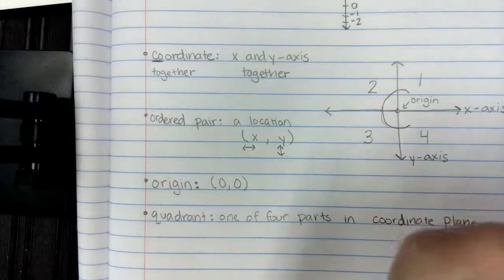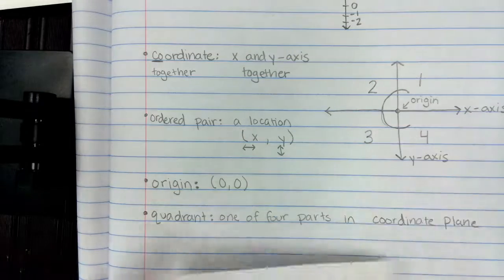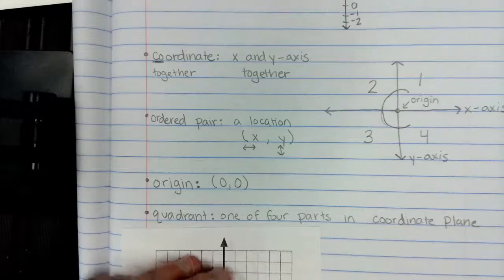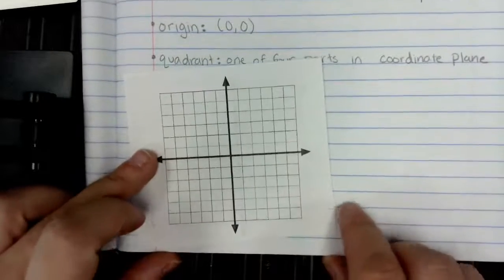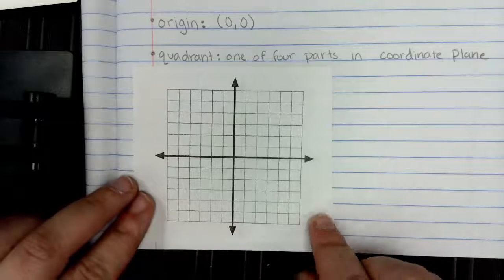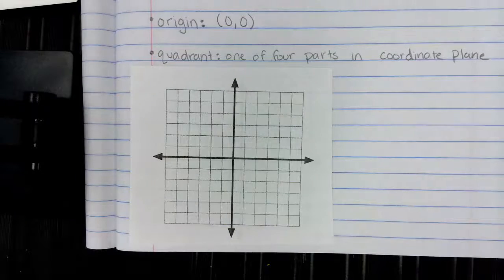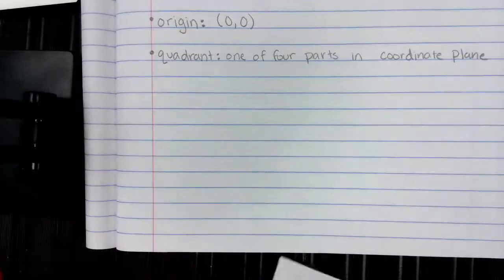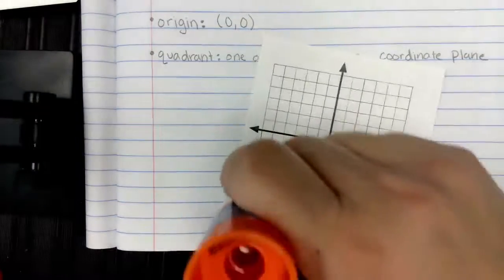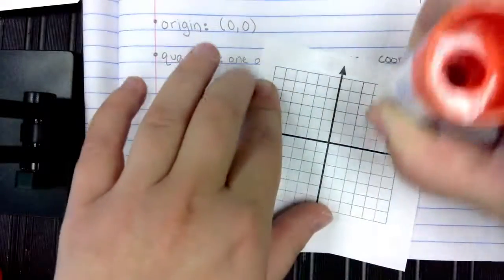You're going to paste it in your notebook. If you don't have enough space down here, you can go to the next page if you need to. Doesn't matter what side you glue it because it's back to back.